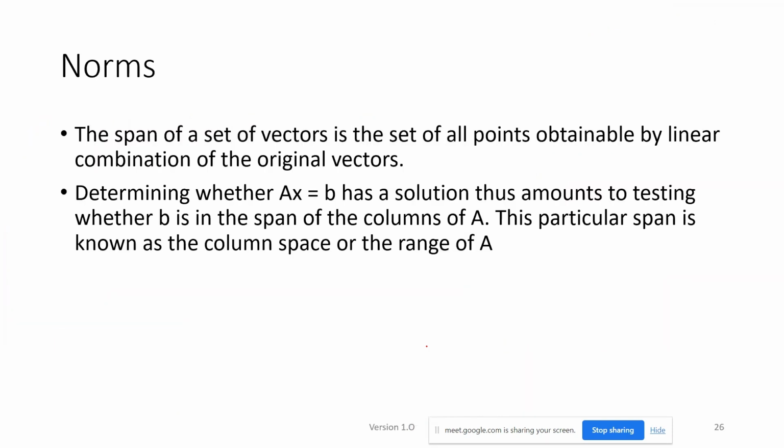Then comes the norms. Norms are very important. What is a norm? A norm defines some standard rule. The span of a vector is the set of all points obtainable by a linear combination of the original vector.